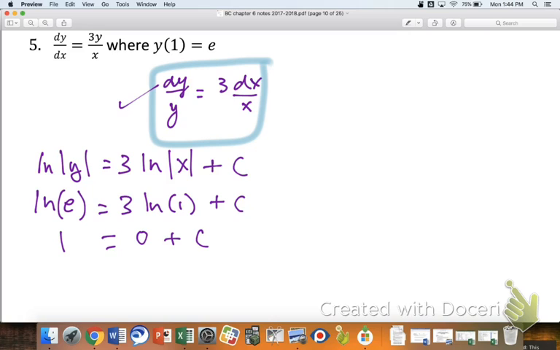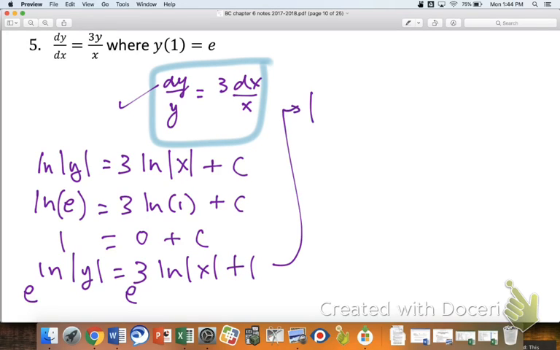So then my final steps would be to get the y by itself. So it'll be ln of absolute value of y equals 3 ln absolute value of x plus 1. If I want to get the y by itself, I need to e both sides. So I e this side, I e that side. That's going to give me absolute value of y equals e to this.